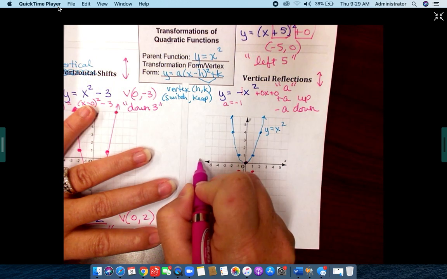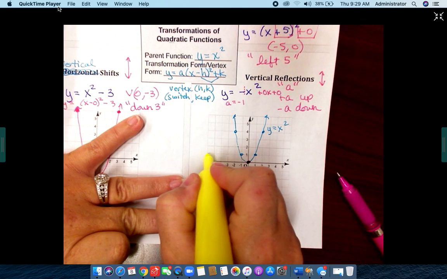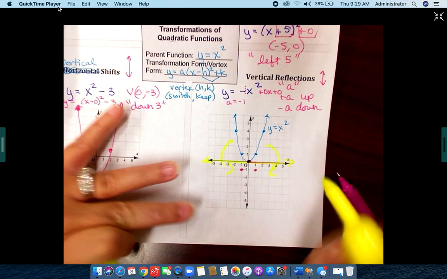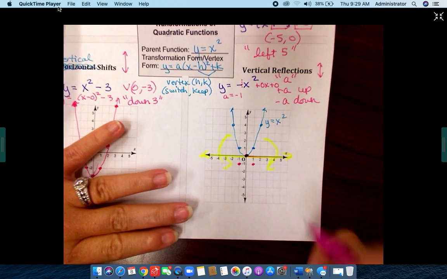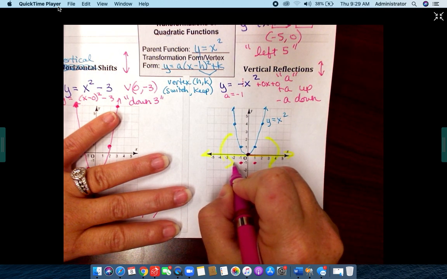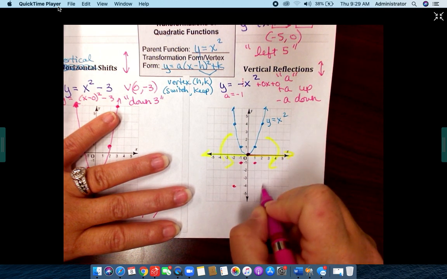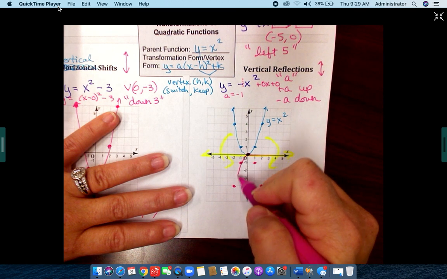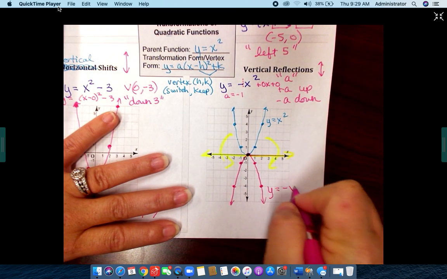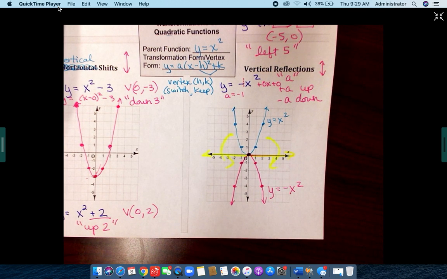So we're basically flipping it over this x-axis right here. We're just flipping all of our points. All the y values after x is squared, we multiply by a negative, so our y's become negative. So (-2, -4), (2, -4). When I connect it, this is y equals negative x squared.